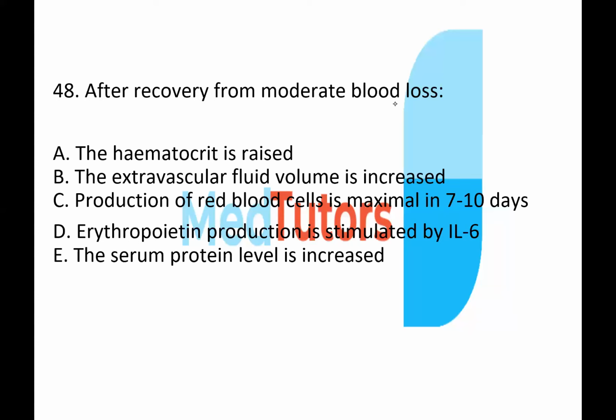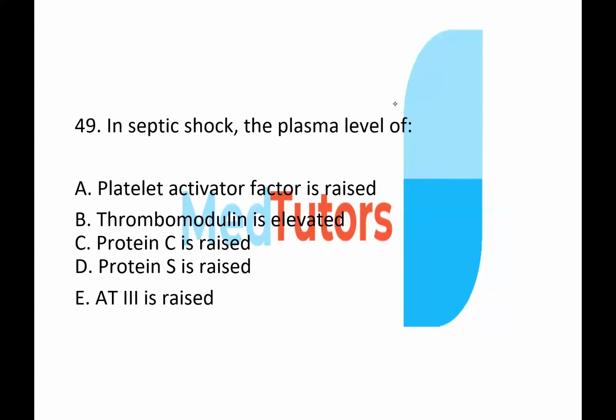What is correct? C is the correct option. Production of red blood cells is maximal in 7 to 10 days after moderate blood loss.